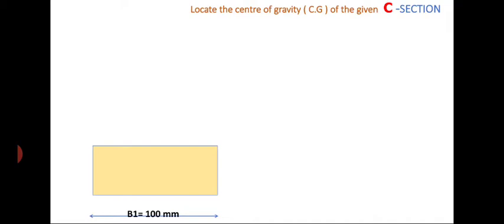Now coming to the areas, the area of the bottom rectangle A1 equal to B1 into D1, that is 100 by 20 equal to 2000 mm square. This is area 1.